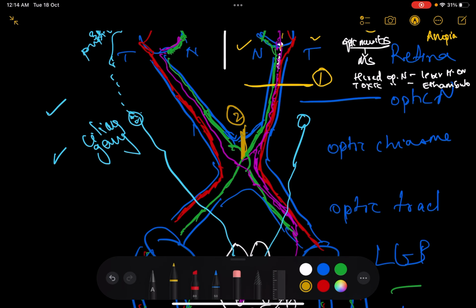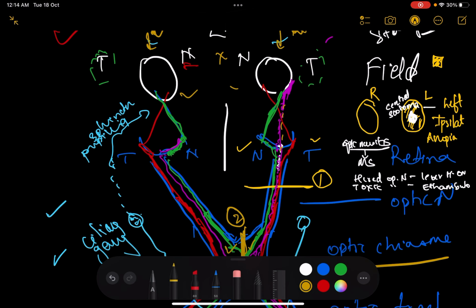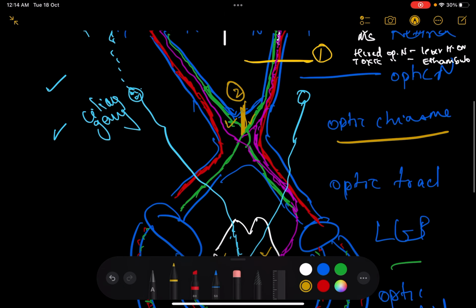Now if it's in the central part of the optic chiasma, you need to understand that there are two green fibers that are affected, and those are the nasal fibers. And the nasal fibers that are affected are taking vision from two parts, that is the temporal of the left and temporal of the right. So how is it going to look?